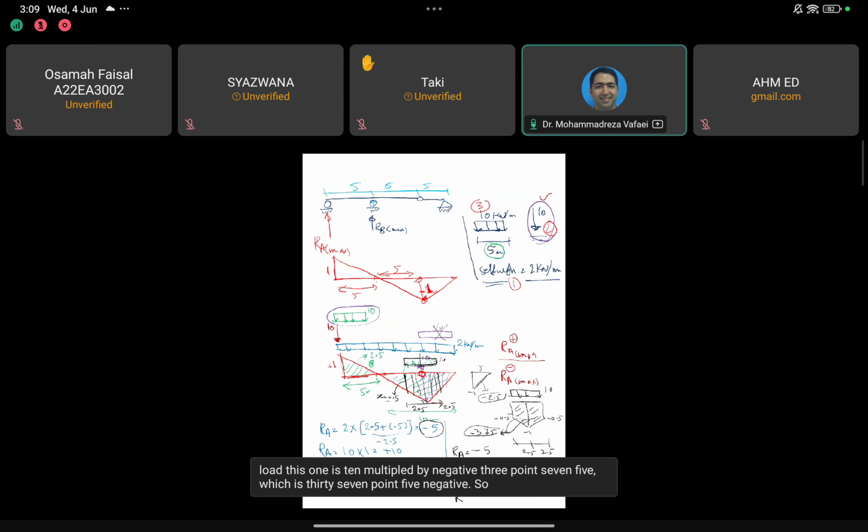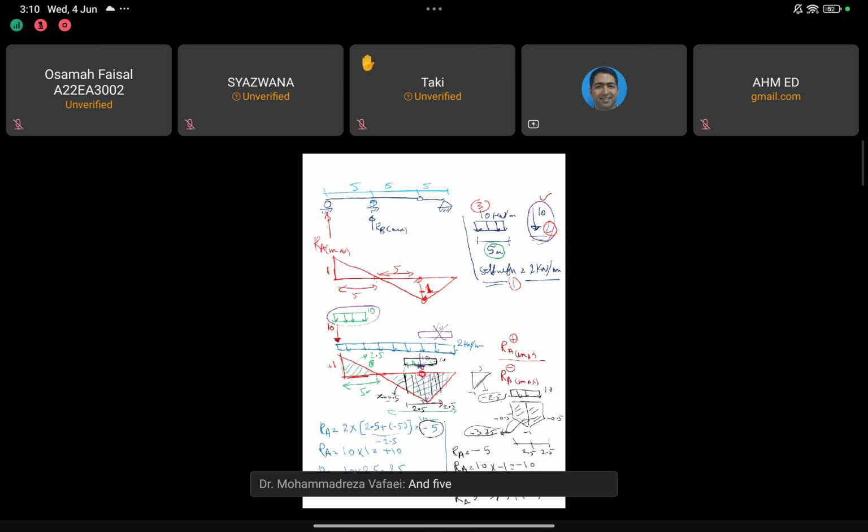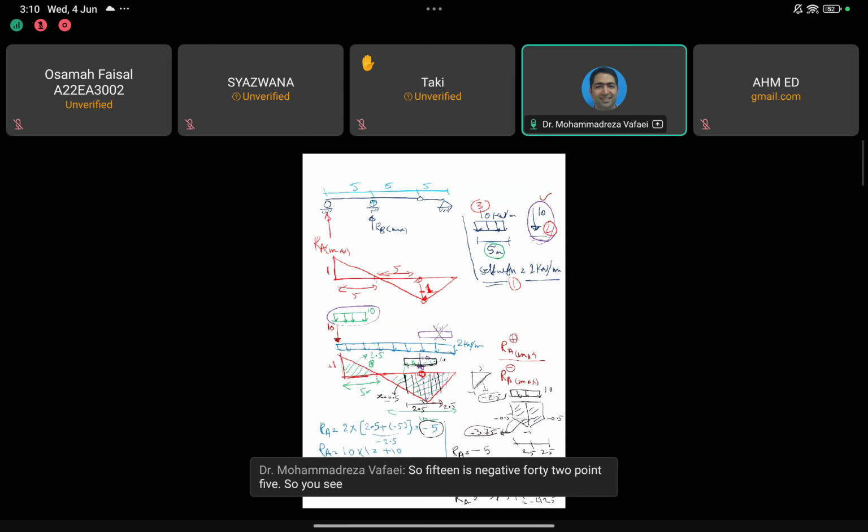So RA negative max, this one was RA positive, RA negative max equals 37.5, 10, and 5, so 15 is -42.5. So you see the negative value is much larger than the positive value.